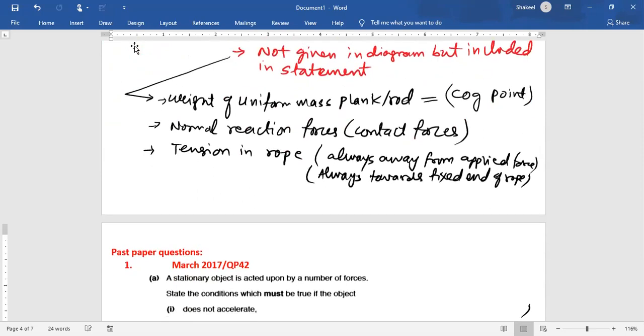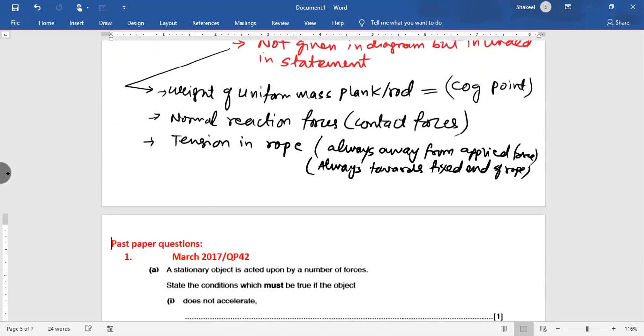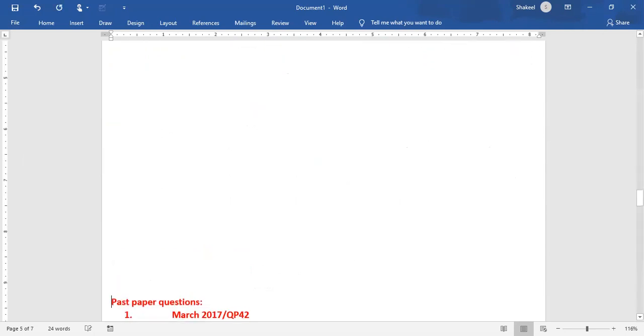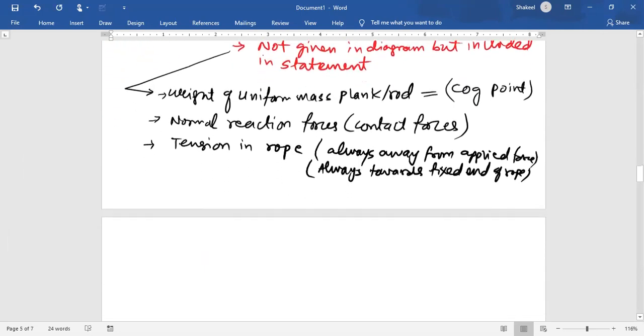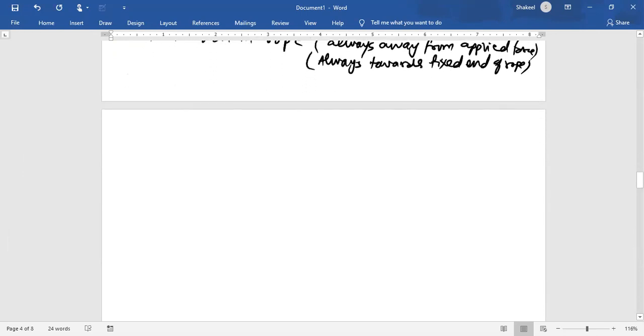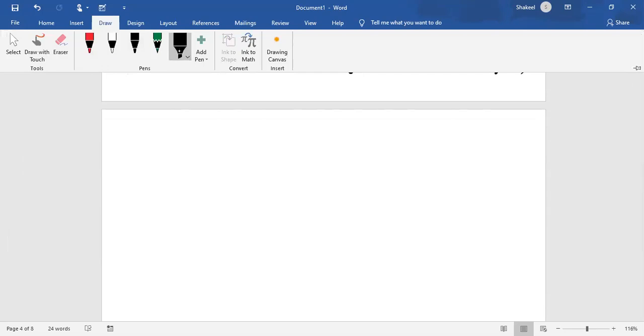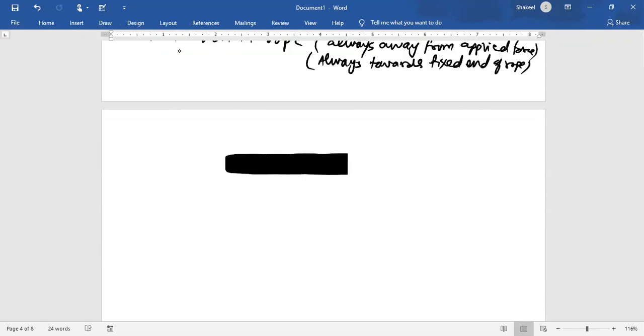Okay, let me tell you a few examples of it before moving forward. Okay, so this is like the second point, which is forces. And let me tell you something about the forces. Let's say that if this is an object, uniform mass object, let's say they said that this is a uniform mass plank.